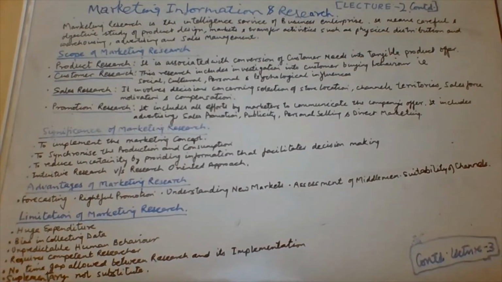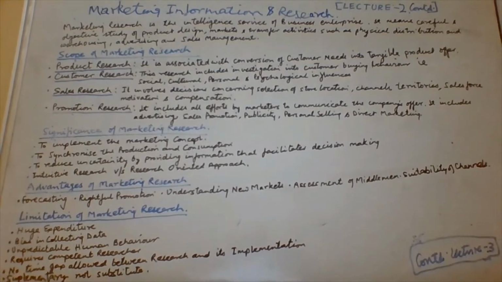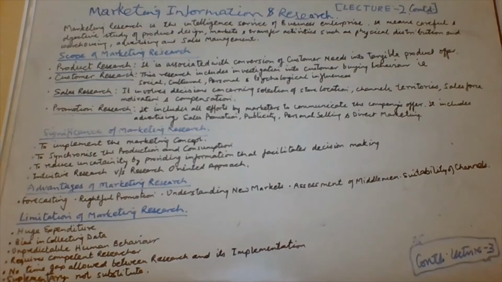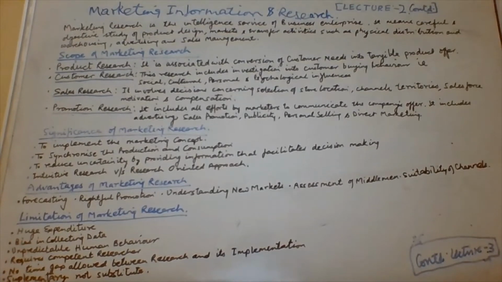Marketing research is the intelligence service of a business enterprise. What does it relate to? When we talk about information and research, the intelligence part is that we get information from the outside world and from the internal world, internal to the organization. What are the various problems within the organization and outside, which we call the micro and macro environmental factors?